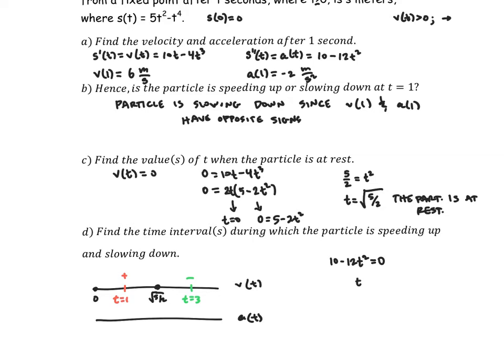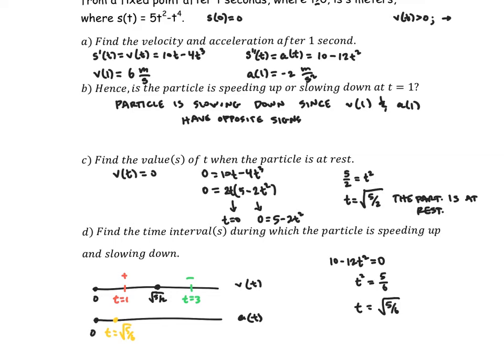That would be t squared equals negative 10 over negative 12, which is the same as 5/6, which is less than 1, so t is equal to the square root of 5/6. That's where acceleration will be 0, right over here at t equals the square root of 5/6. That's the only place that the acceleration equals 0.